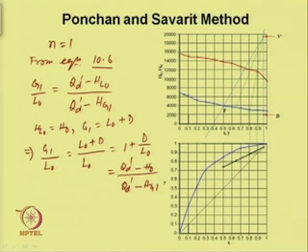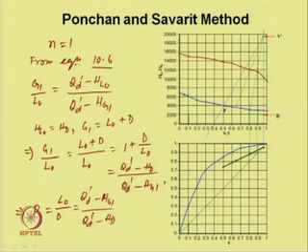From this we can write reflux ratio R would be L_0 by D, which is equal to (Q_d' minus H_G1) divided by (Q_d' minus H_d).